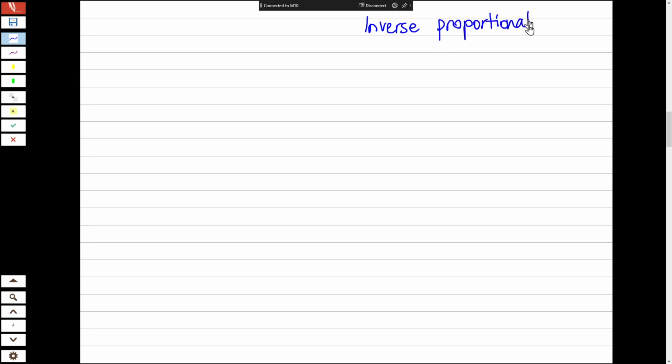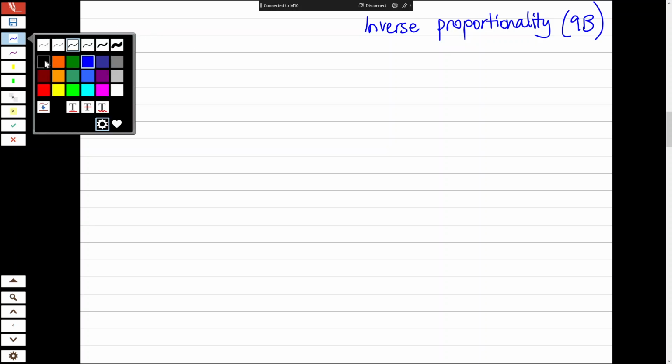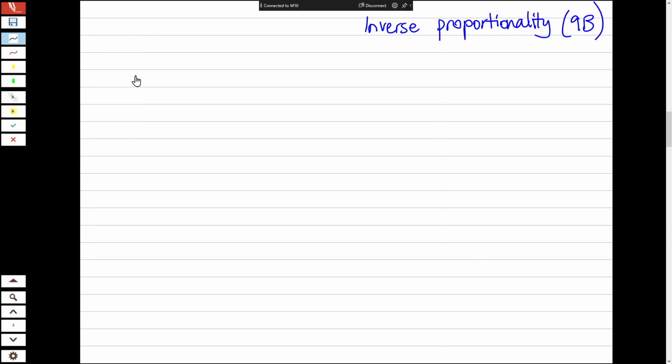That's your heading. And this is exercise 9B. So we're going to do exactly the same thing we did on the last page. This time, the equations are going to look a little bit different. And they're going to involve fractions. So don't panic. I'll explain what's going on.